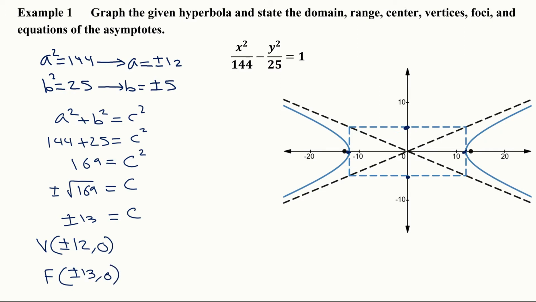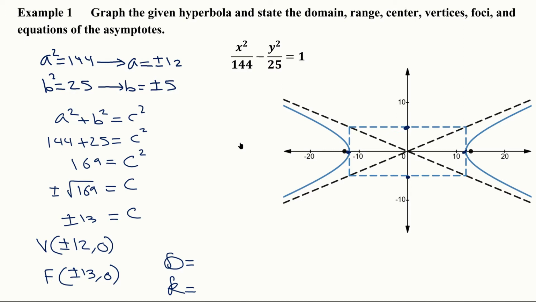All right, what about the domain and range for this hyperbola? Well, the domain is basically the set of the x values that can be inputs that generate the points that you see on this graph. We can see the x values start right at the vertex to the right, and right at this other vertex to the left.